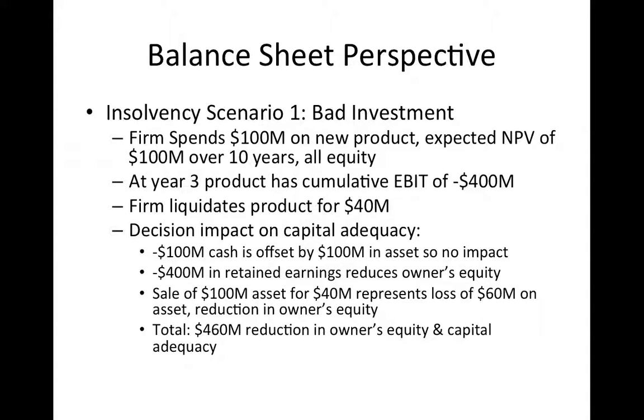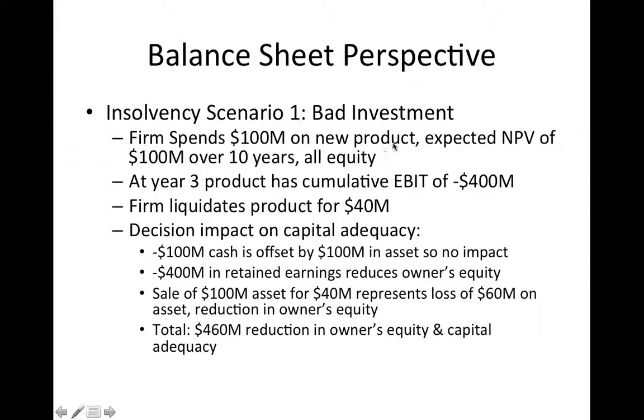They sell off the equipment, do whatever else, and now you're looking at a $40 million price tag on what they get for what they sell off. So they spent $100 million to buy it. They lost $400 million running it, and now they've only gotten $40 million back when they sell it. The impact on capital adequacy is they spend the $100 million cash to buy into the new product.